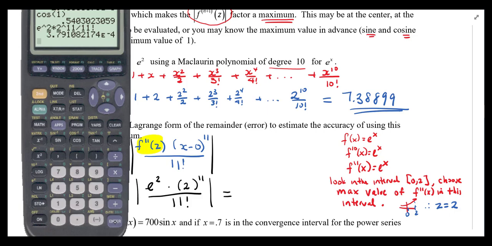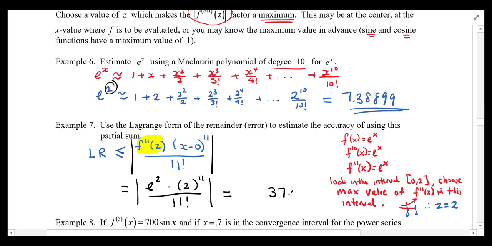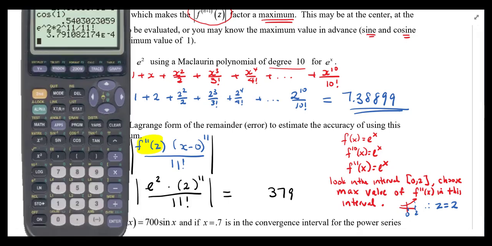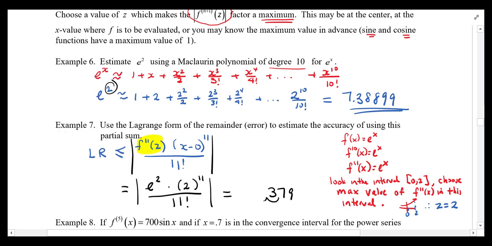Wow, that's totally small. That's what, 379, and then we're doing how many decimal places in front? 4, right? So 1, 2, 3, 4. 0.000379, and that's the error. Okay.